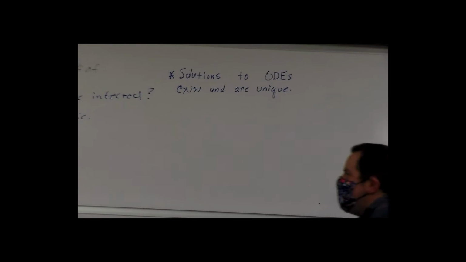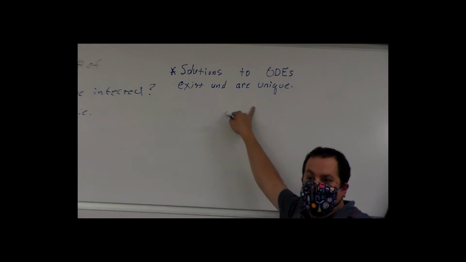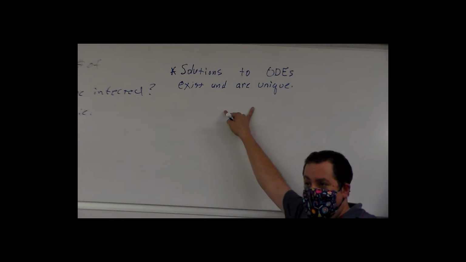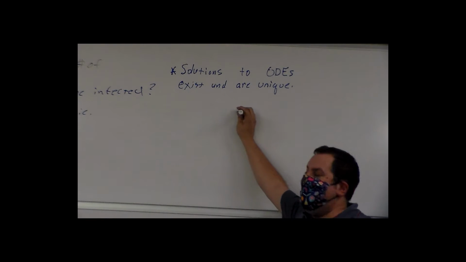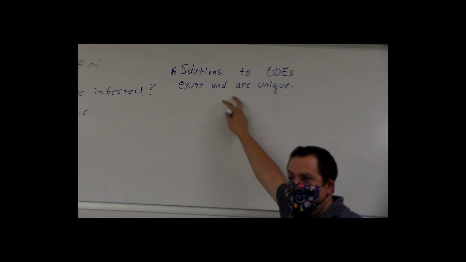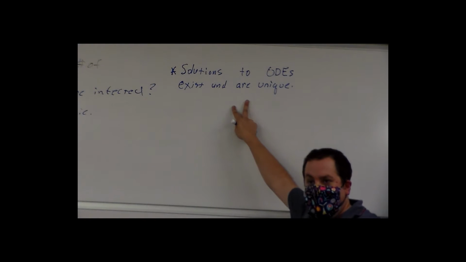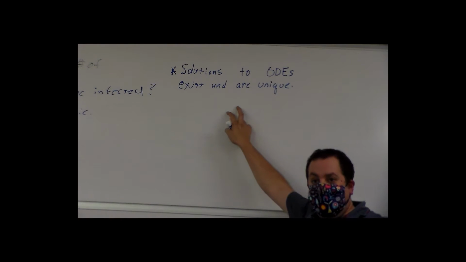The upshot is, if I have a solution, it is the only solution, and I'm guaranteed that there always is a solution. This is very subtle, but at the same time very powerful, because it allows us indirectly to determine a lot of qualitative information about our solutions.